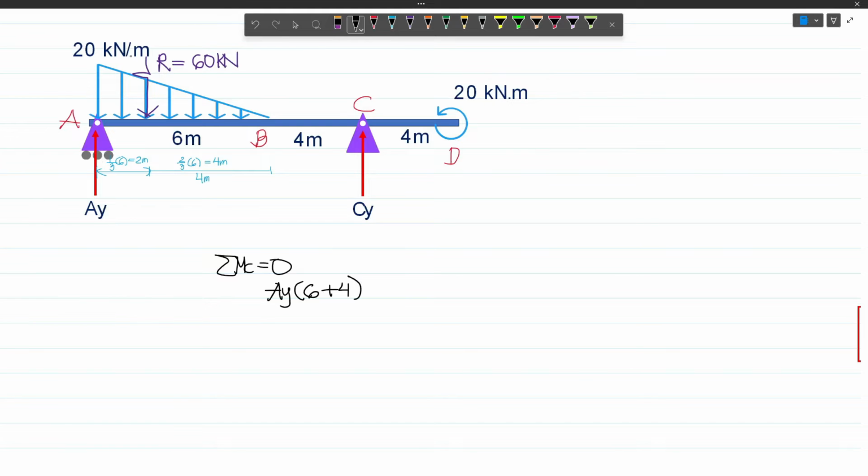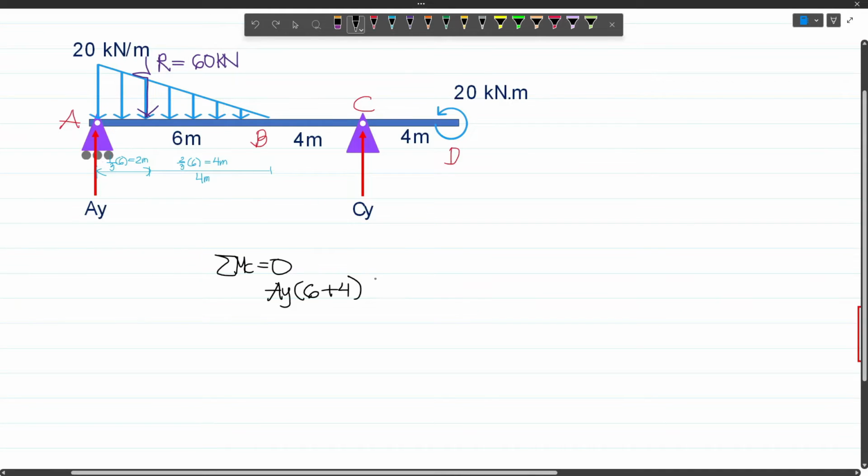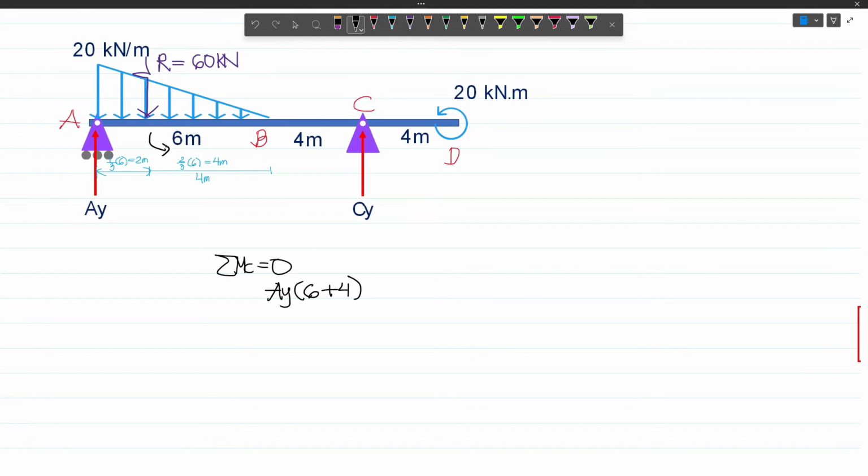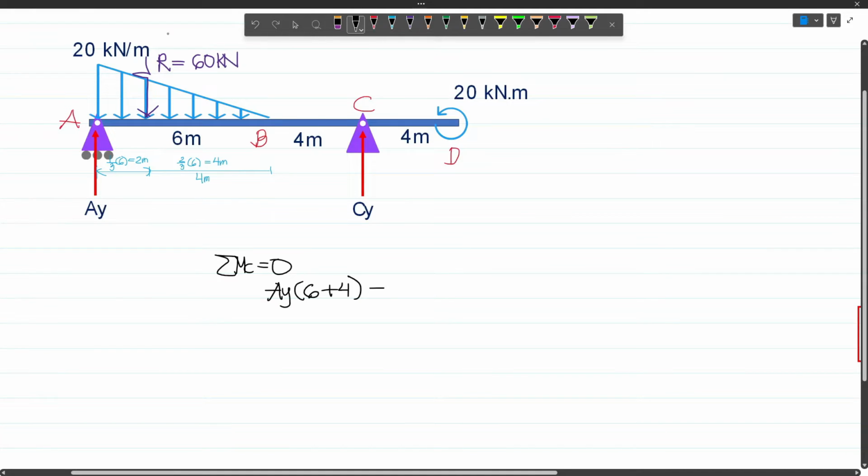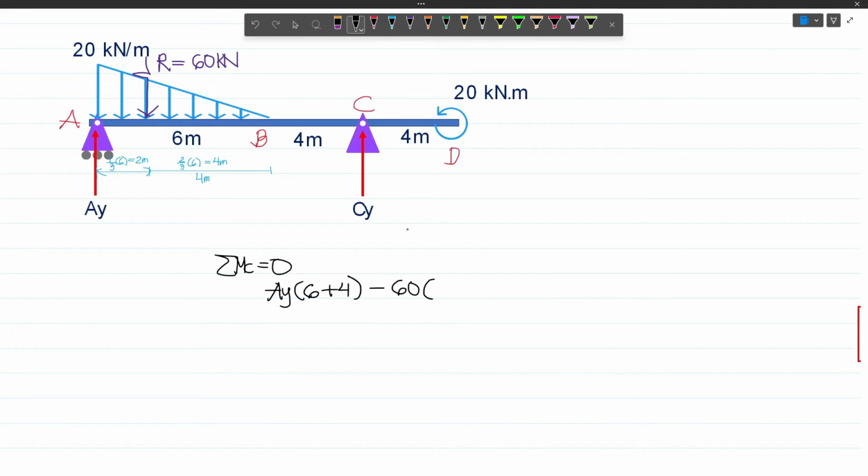And then we have this force which is acting downward. If we are holding this one and then we apply a downward force here, then our beam will rotate counterclockwise. And so this will be minus. And then the resultant force multiplied by the moment arm, which is this distance plus this one, because this is our perpendicular distance. And so that will be 4 plus 4, which is 8 meters. And so this will be times 8.